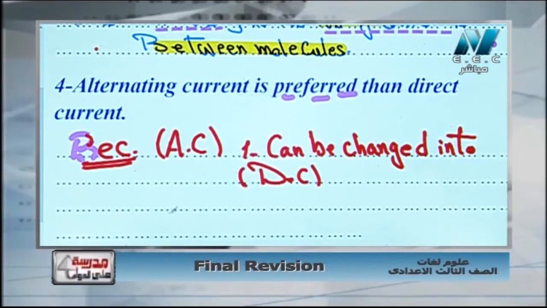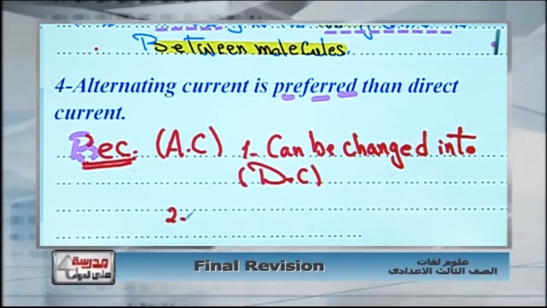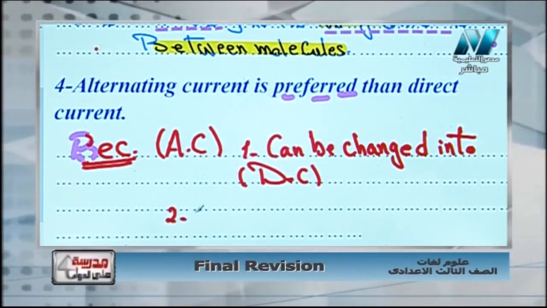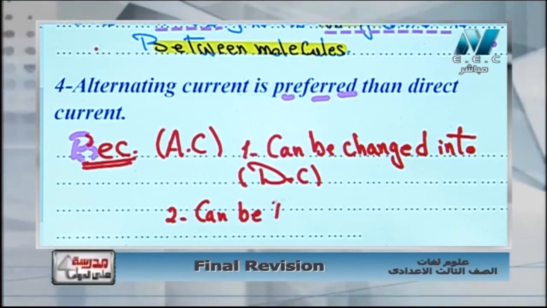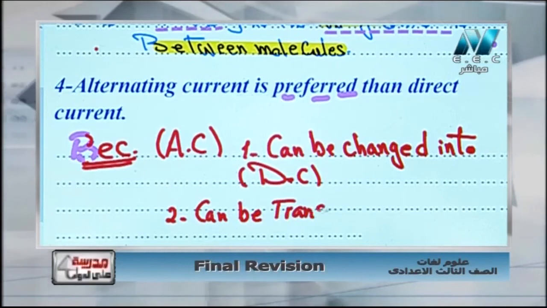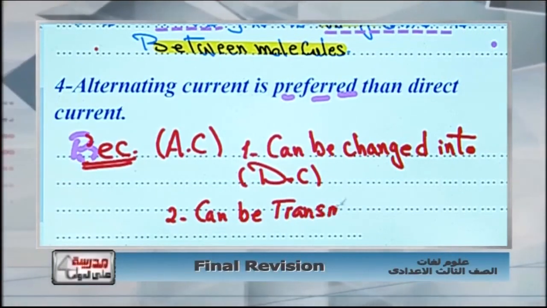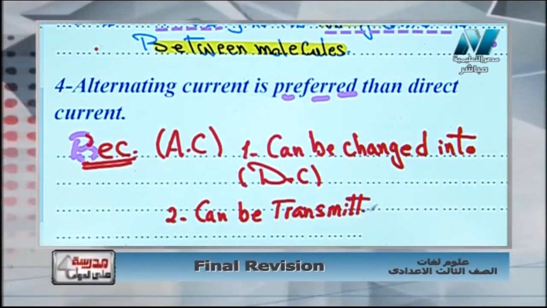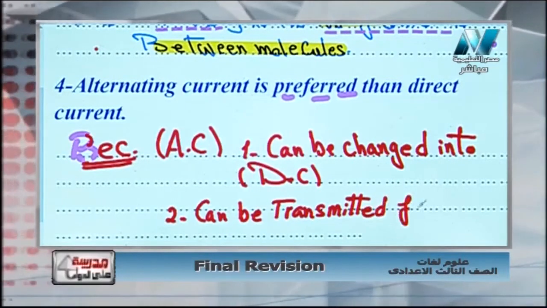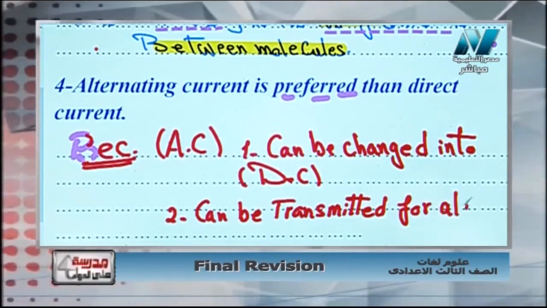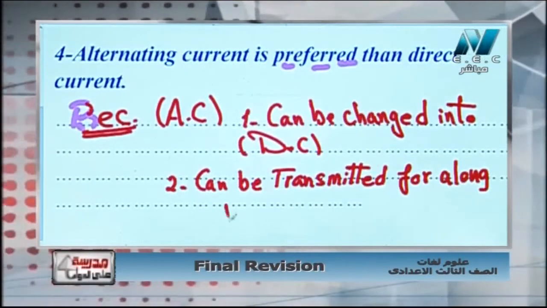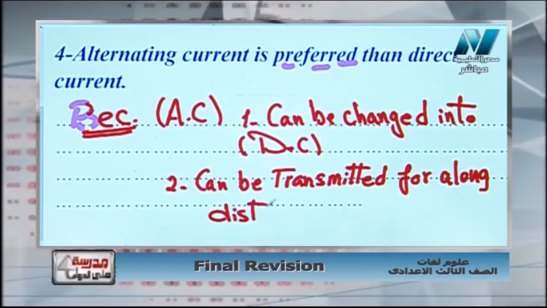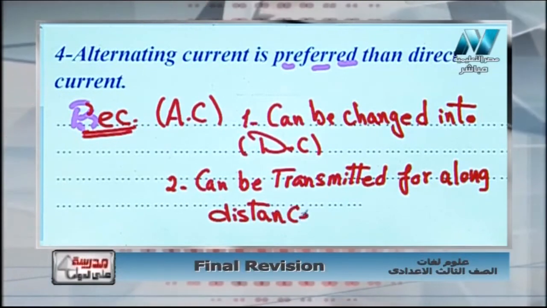Number two, because alternating current can be transmitted, ممكن نقله for long distances لمسافات كبيرة.